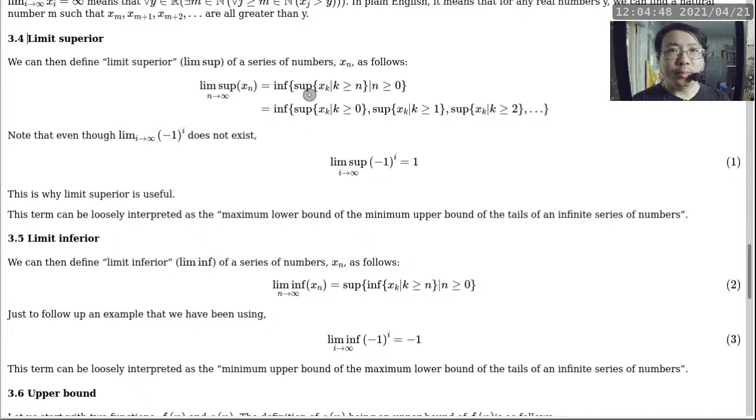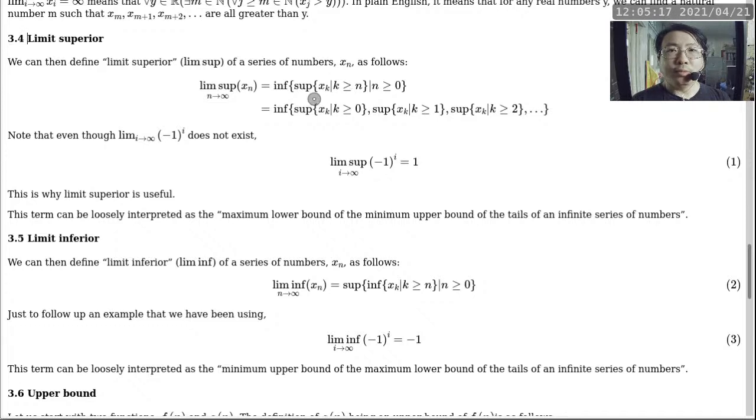So supremum and infimum, they both work on sets. So in this case, supremum is working on the set which starts from this curly brace and ends with this curly brace over here. So we are considering elements of a subsequence of x, where the index of x is k, and k only has to be greater than or equal to n.